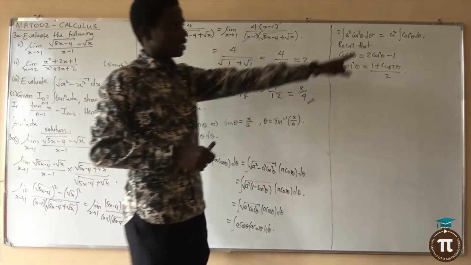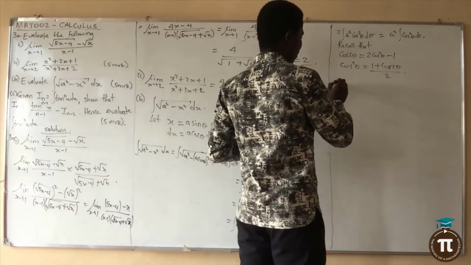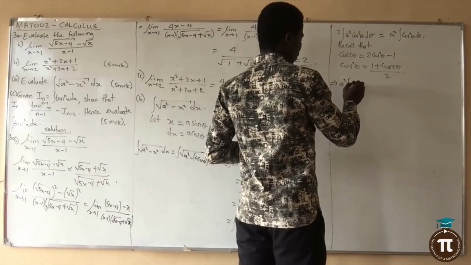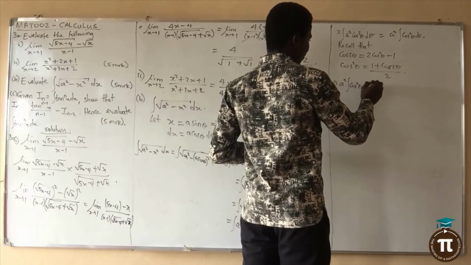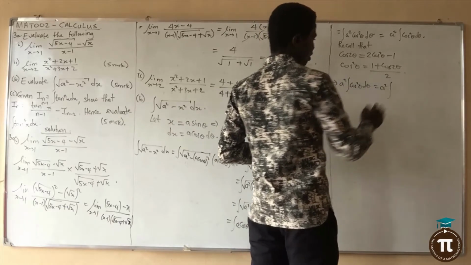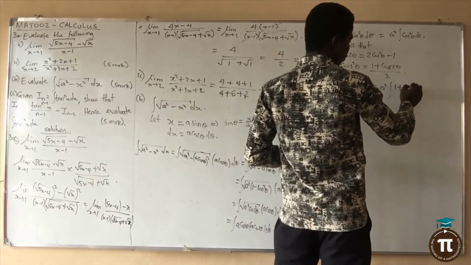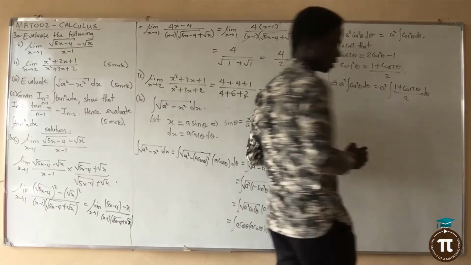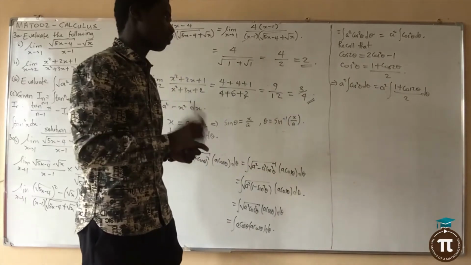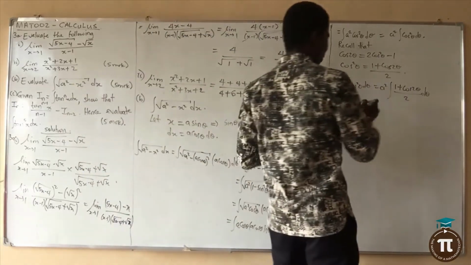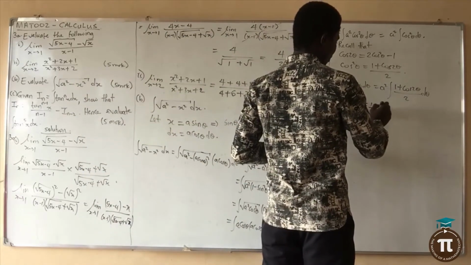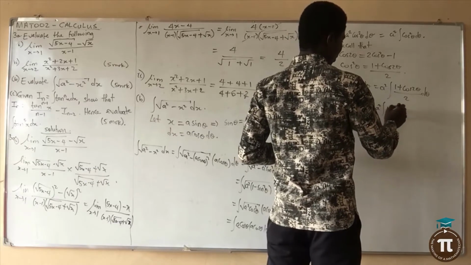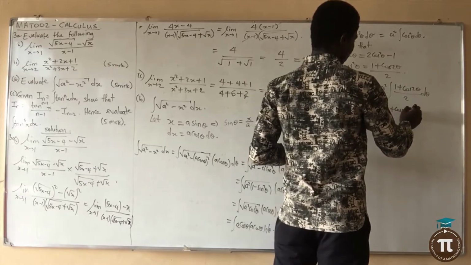So you need to put this in that integral so that we have a squared integral of cos squared theta d theta equal to a squared integral of 1 plus cos 2 theta divided by 2 d theta actually. So what will happen from there, the 2 can come out. So we have 1 over 2 a squared integral of 1 plus cos 2 theta.